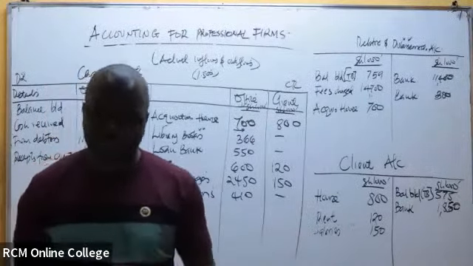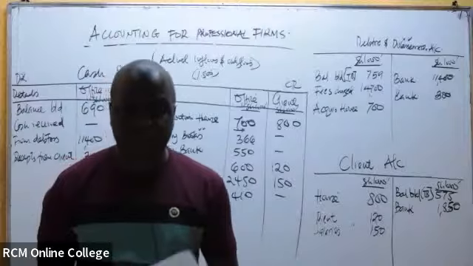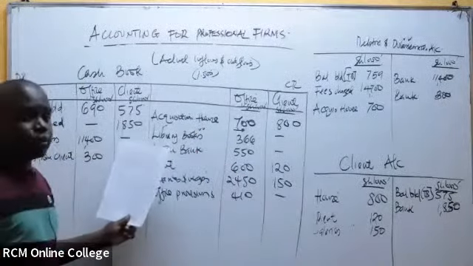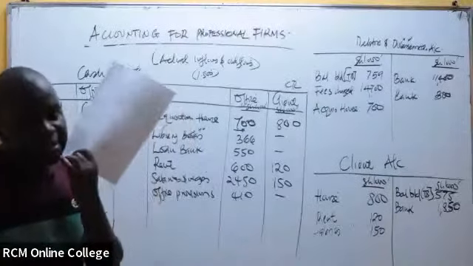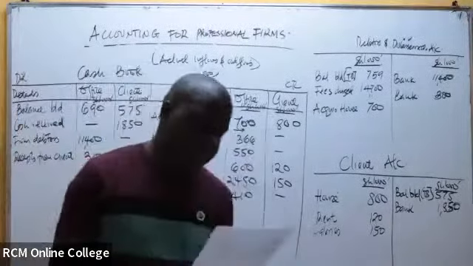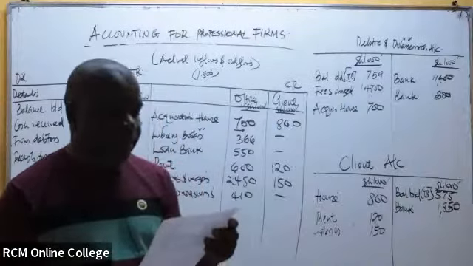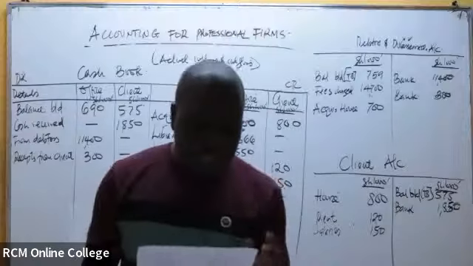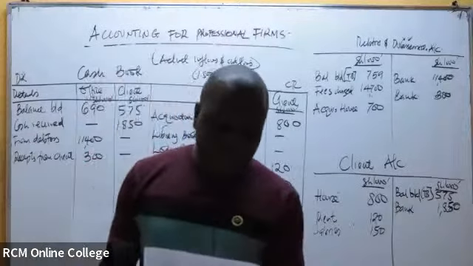There was no real outflow of cash, so it can't go to the cash book. It will only go to the income statement.